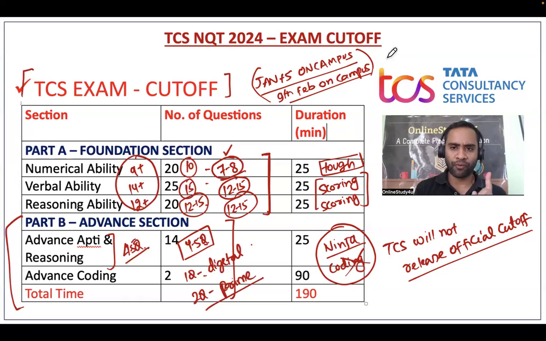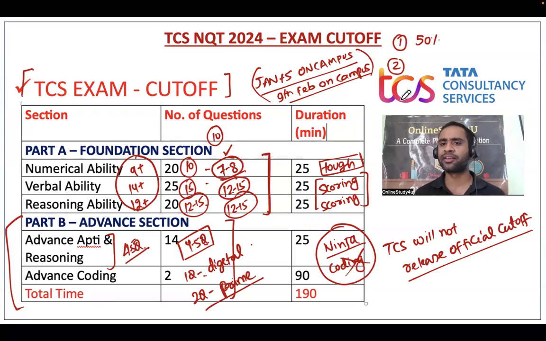Okay, now one more misconception, friends, I will tell you. Many people will say the cutoff is 50%. That means if there are 20 questions, you solve 10 questions. No, it doesn't work like that. There will be no percentage cutoff; there will be percentile.